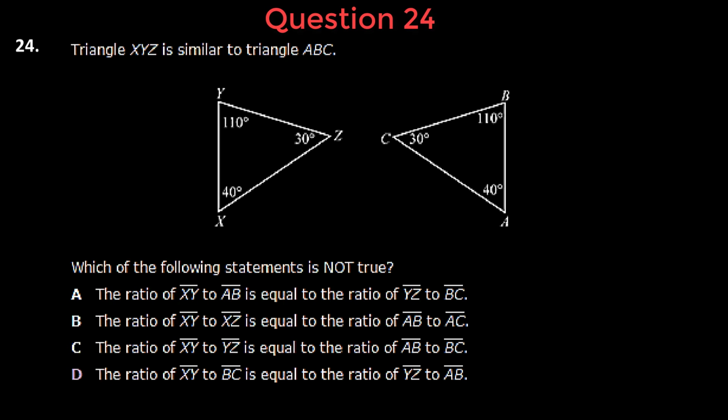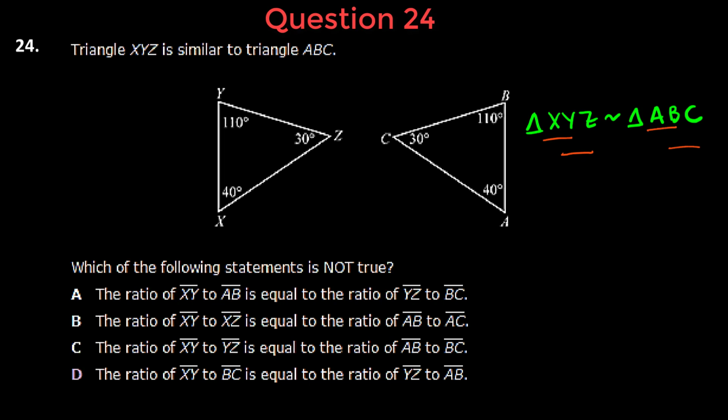On question 24, since the two triangles here, XYZ and ABC, have the exact same angles, these are similar figures. So let's analyze which answer choice is false here. The first one tells us the XY to AB ratio is equal to YZ, the last two letters here, to BC.